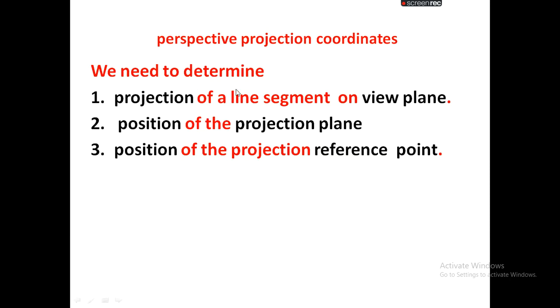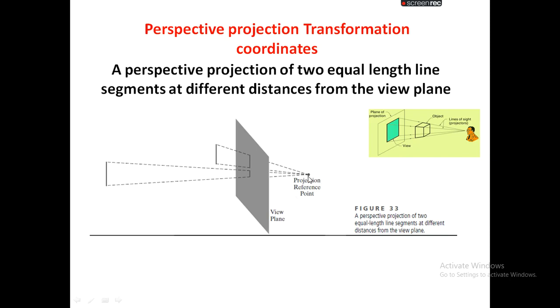Third, we need to determine the position of the projection reference point. As you can see, this is the position of the projection reference point. We need to determine where I can place it. This is nothing but the position of the camera. So I will repeat: determine the projected object position on the view plane; second, define the position of the projection plane; third, define the position of the projection reference point.